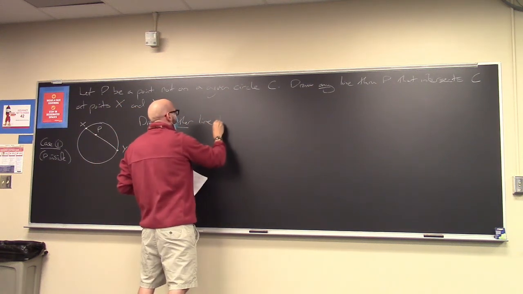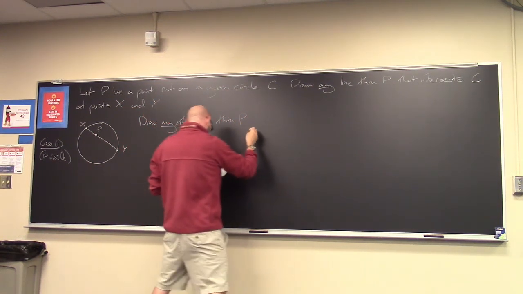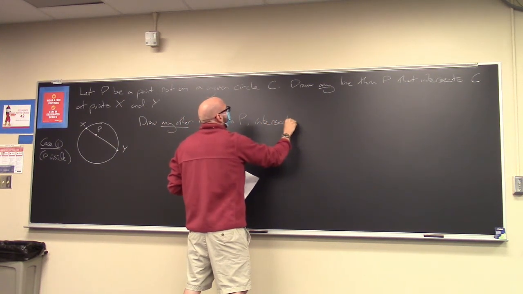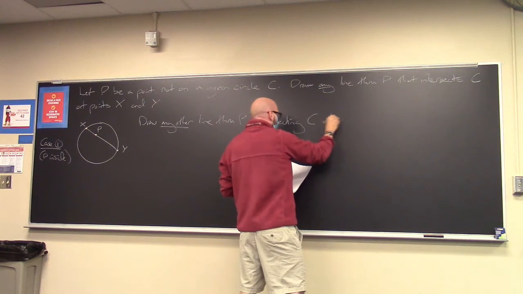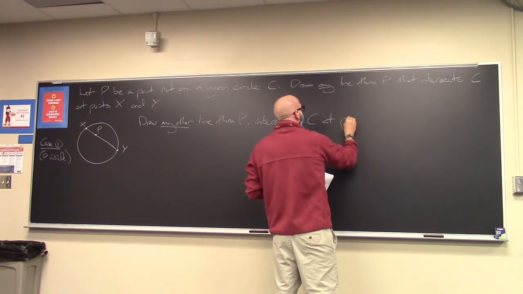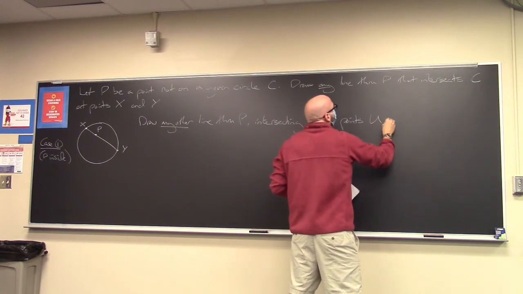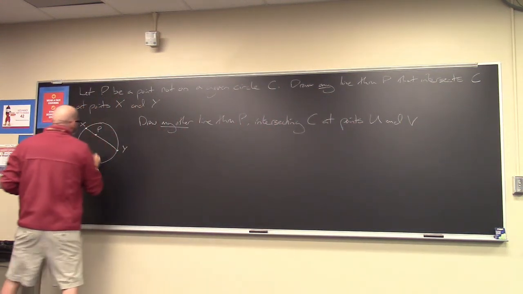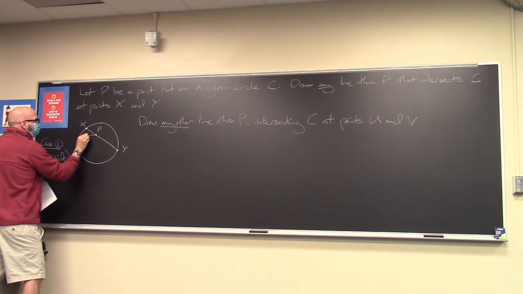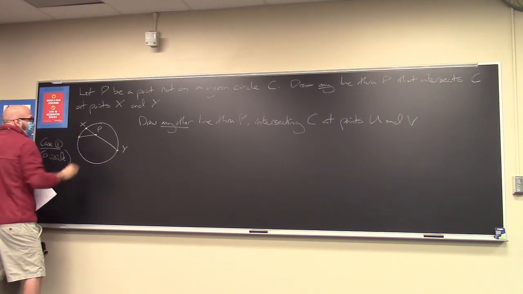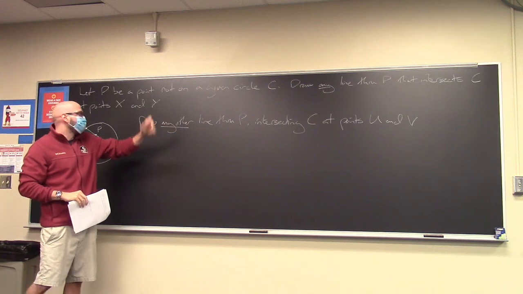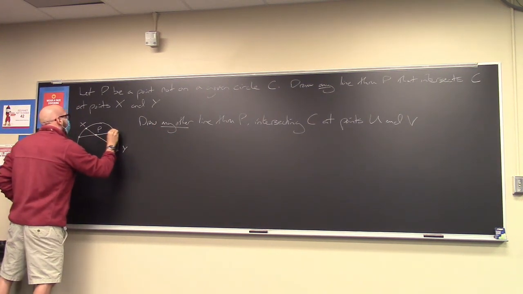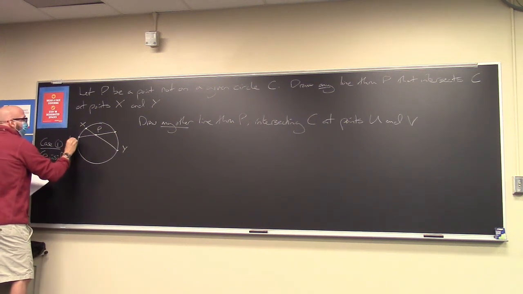Draw any other line through P. This one is going to intersect C at points U and V. That should be distinct from the original because I put the word other, so it's not the same line.